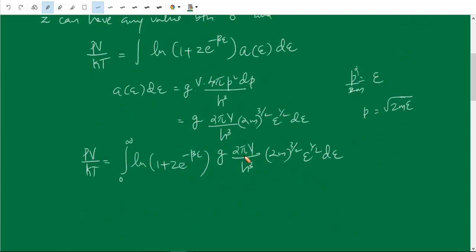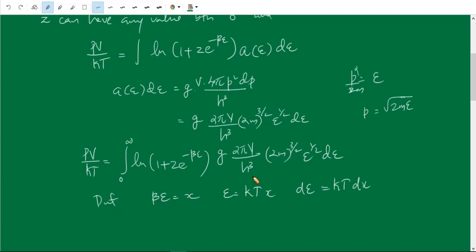Now we can replace this βε by x. That means put βε equal to x. Therefore, ε equals x by β, or kT times x, and the differential dε is equal to kT dx.